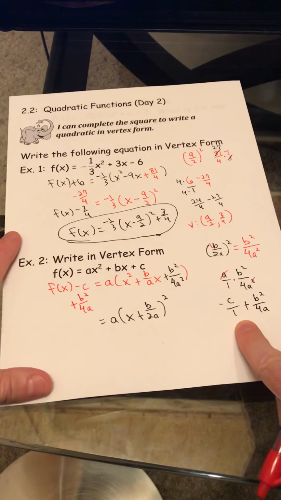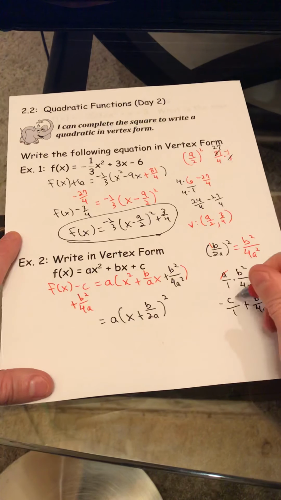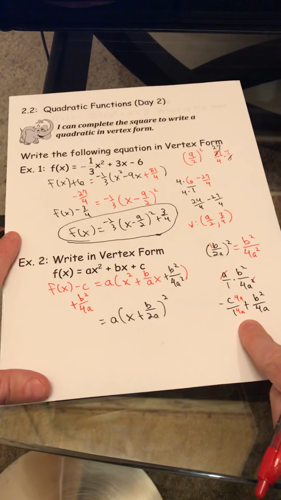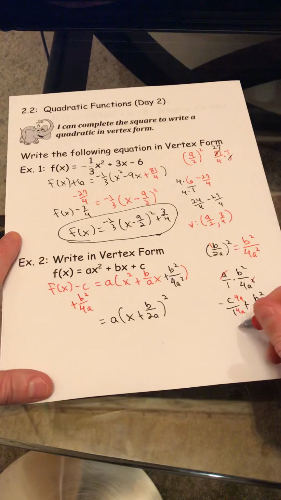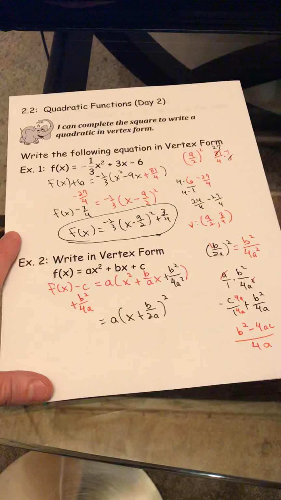Well, again, in order to balance, to get a common denominator, I've got to multiply by 4a, so I end up with, and I'm just going to rewrite this with the positive term first, b squared minus 4ac over 4a.